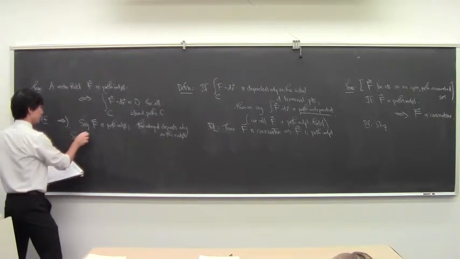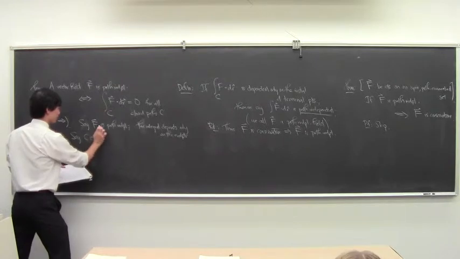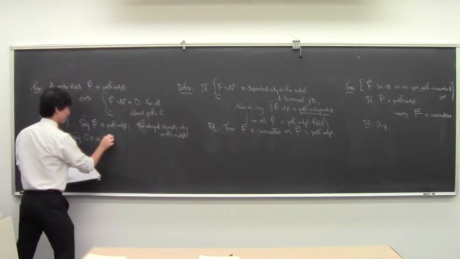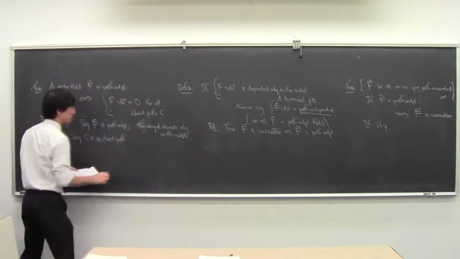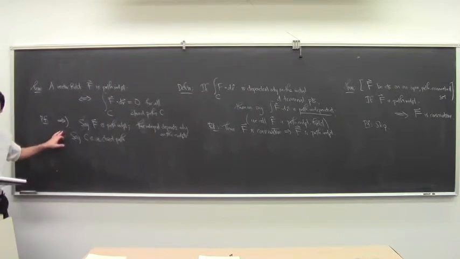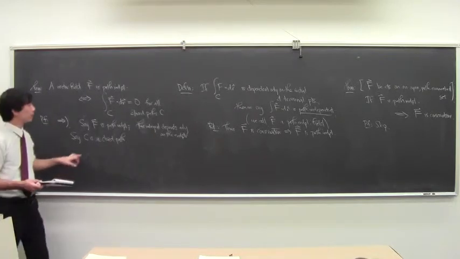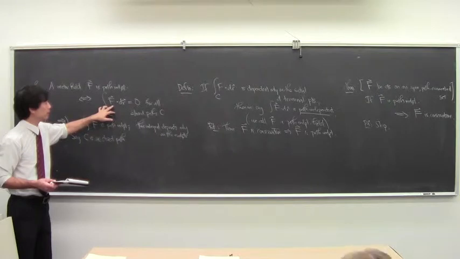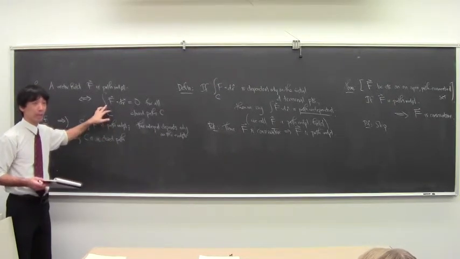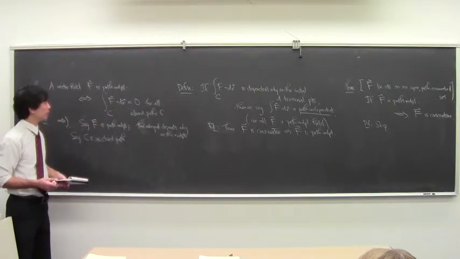Now say that C is a closed path. Suppose you have this curve and it's a closed path. We're going to try and see that the integral over that path has to be equal to 0.